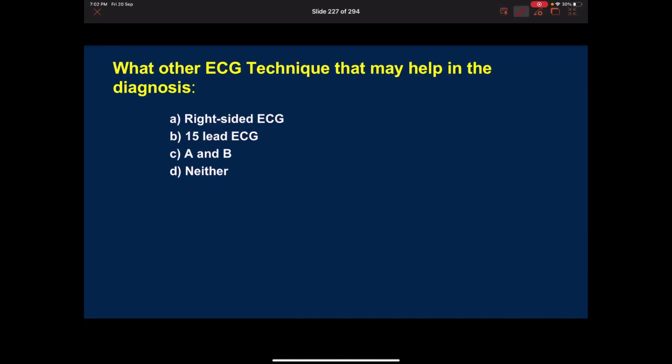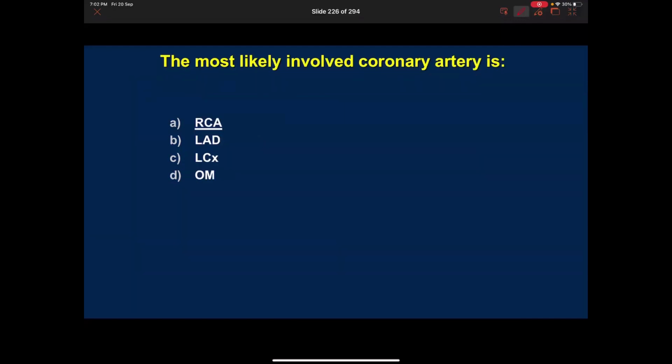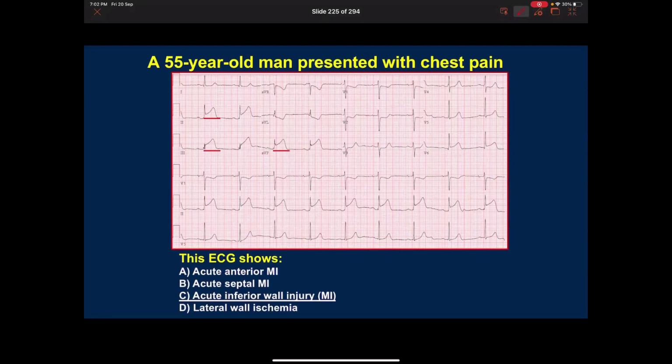Okay, what other ECG can help you in this diagnosis? A 15-lead, which is basically right-sided, right? Now, the reason we said that is because the right side of the heart does not have electrodes. Do you remember how the electrodes are placed?